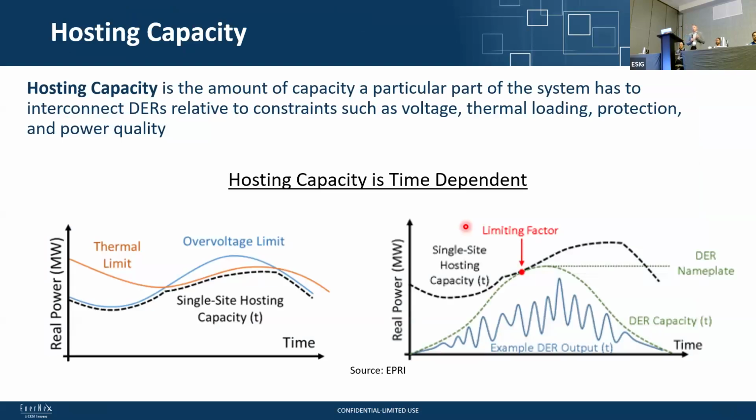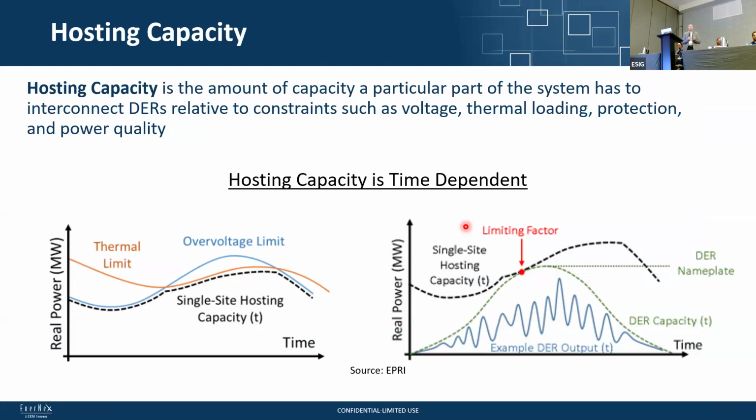All right, so Leo talked a lot about hosting capacity. I kept this slide in here just to keep it complete, but really what I could have said is what Leo said, because he did a great job of talking about hosting capacity. A key thing to think about is that hosting capacity is very time dependent. You need to look at what your constraints might be, in this case a thermal constraint and a voltage constraint over a period of time.